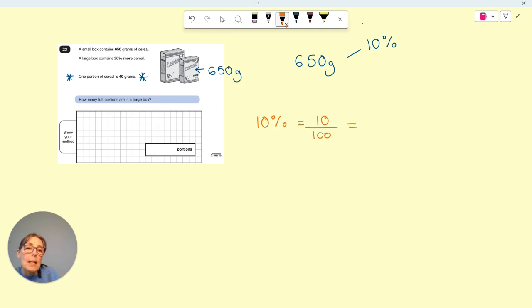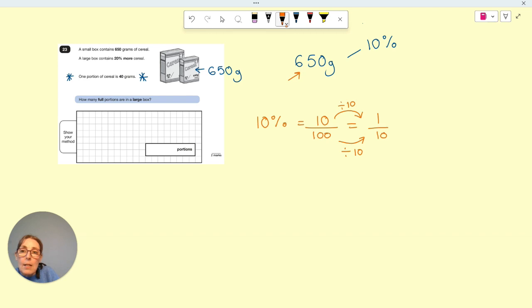And if we simplified that fraction more and divided the top and bottom by 10, we've got 10 divided by 10, which is 1, and 100 divided by 10, which is 10. So we're looking for 1/10 of this 650 grams.